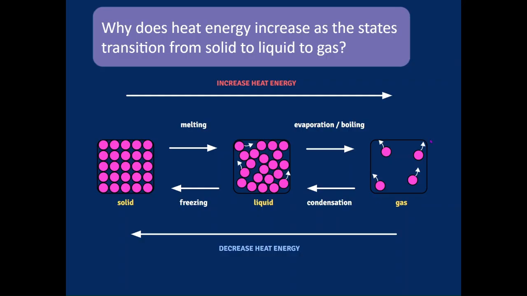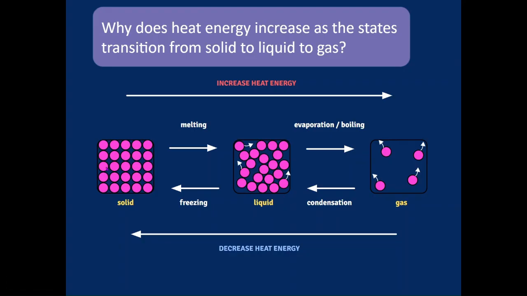And what we need for motion is energy, right? So as we increase the energy in our substance, that allows the substance to have more motion, and that motion is represented in the phase, right?